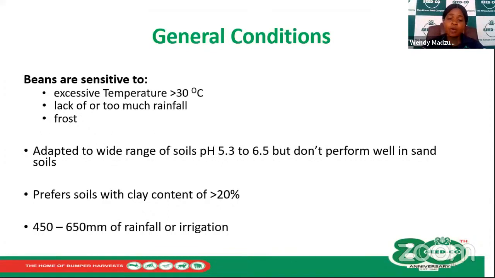It prefers a clay content of 15 to 20%, 20% and above. And in terms of the amount of water required to establish a sugar bean crop and reach maturity without facing any challenges, it is between 450 to 650 millimeters of rainfall or of irrigated water.